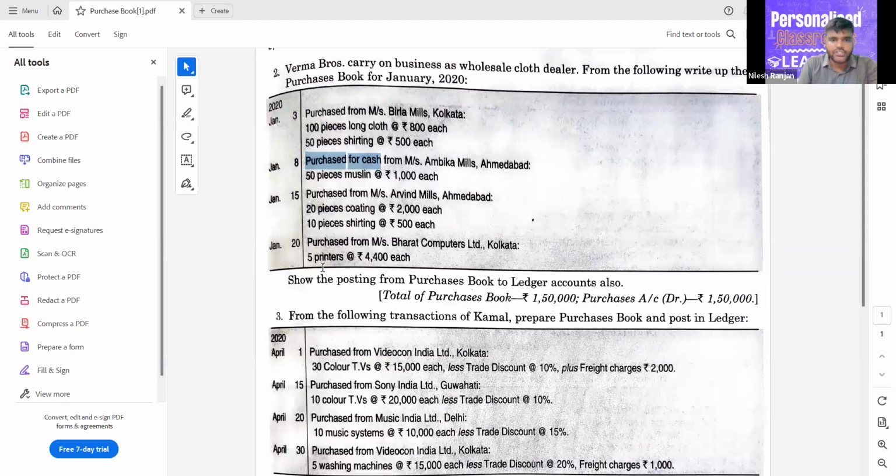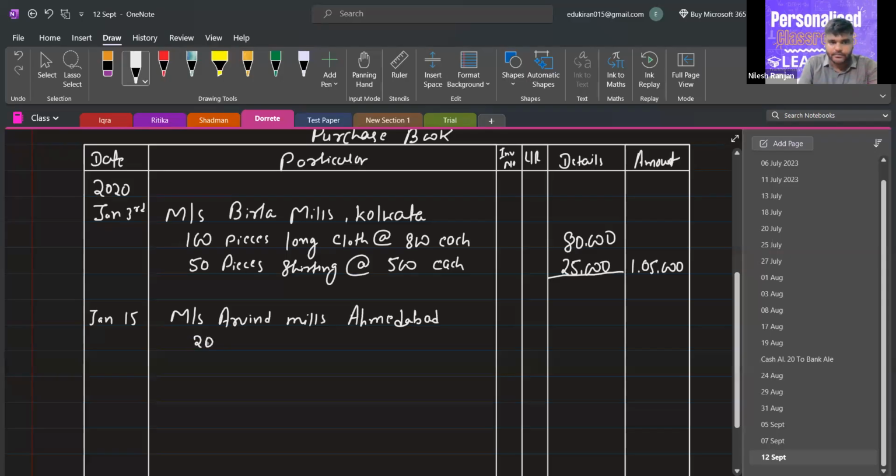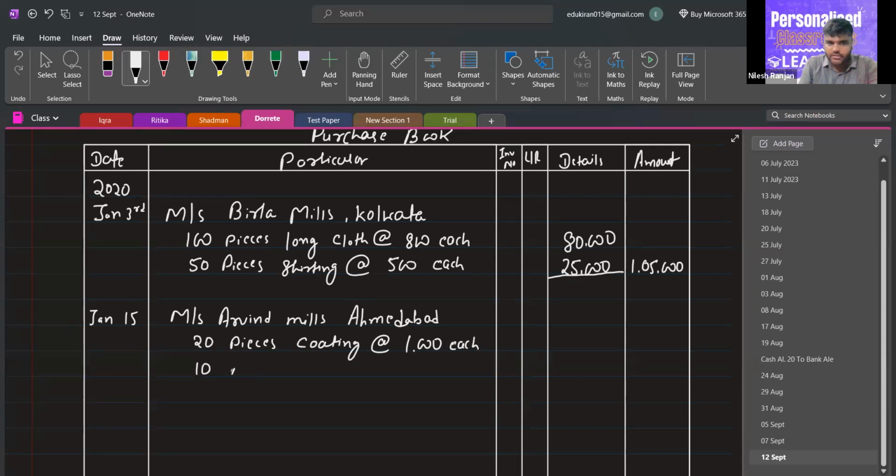It is 20 pieces coating at the rate 1000 each and 10 pieces shirting at the rate 500 each.